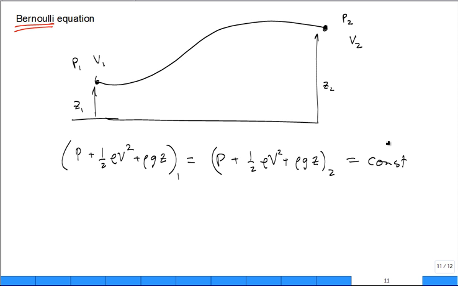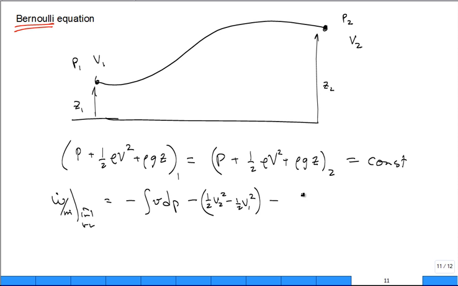So Bernoulli's equation we can now derive here. Let's go back to that equation where we had the power, m dot internally reversible, equal to minus the integral of v dP, and then minus the change in kinetic energy, 1/2 V exit squared minus 1/2 V inlet squared, minus g z exit minus g z inlet.